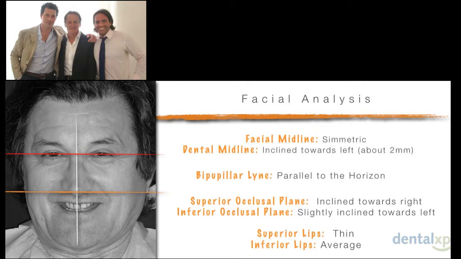The superior occlusal plane was inclined towards the right, and the inferior one was slightly inclined toward the left. The superior lips were thin, and the inferior lips were average. Of course, all of this information is shared with Luca, which is important for him because he has to help us on the diagnostic workup, and we are going to see it a little bit further.